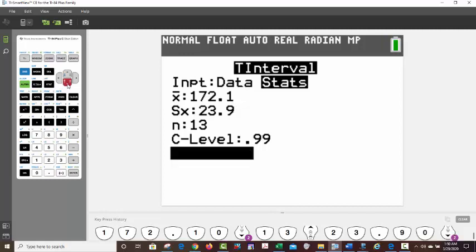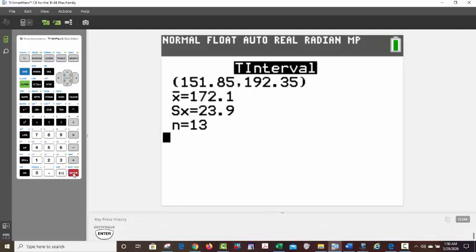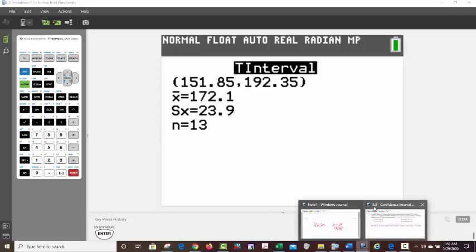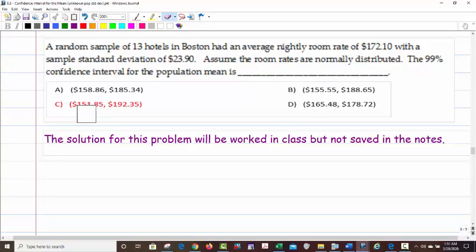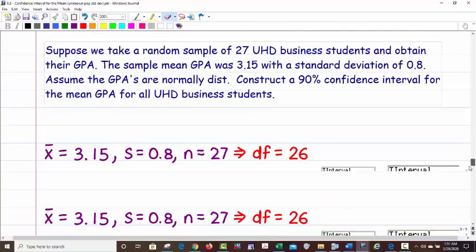Calculate. So it should be 151.85 to 192.35. And there it is right there. Answer C. That is correct. All right, beautiful.